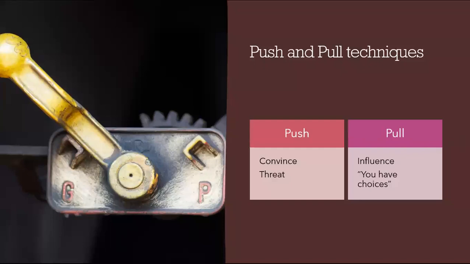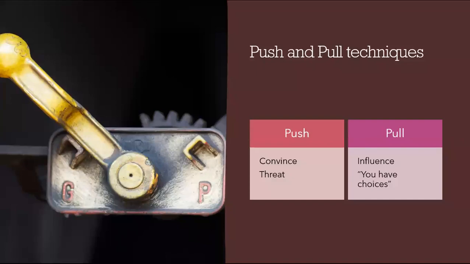Instead of forcing them, you use techniques like influence and empathy to make them do what you want. They may see that they have a choice, but actually you are manipulating them, and I hope the word manipulate is not too harsh. You are influencing them into making a decision in your favor.